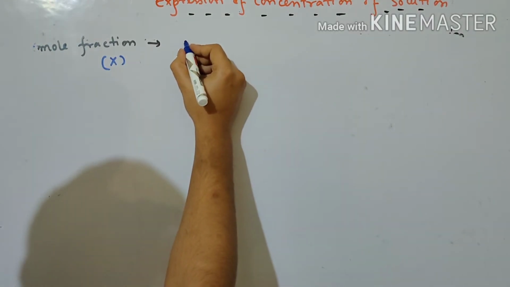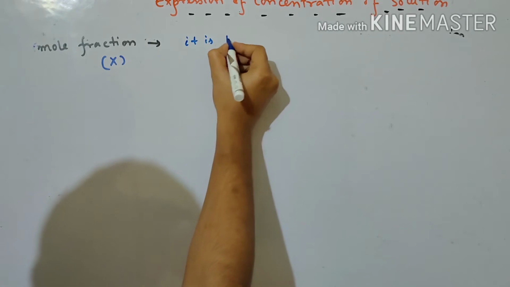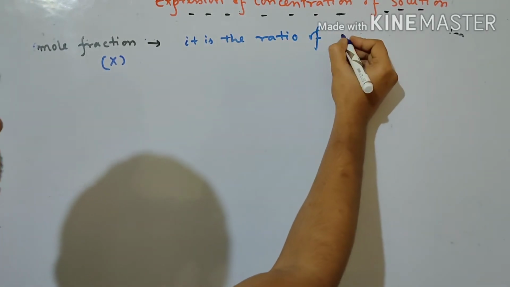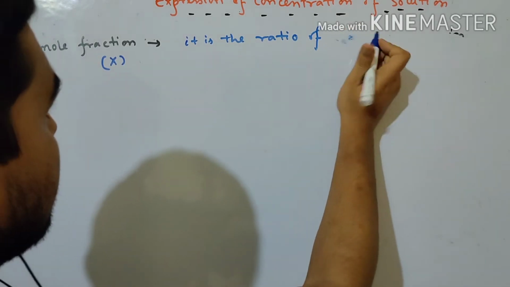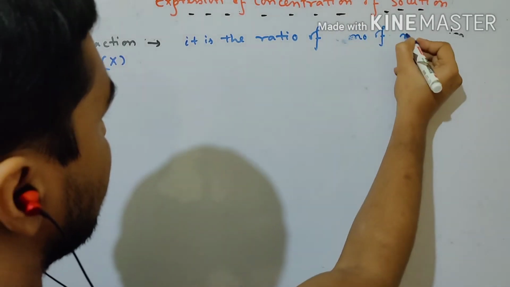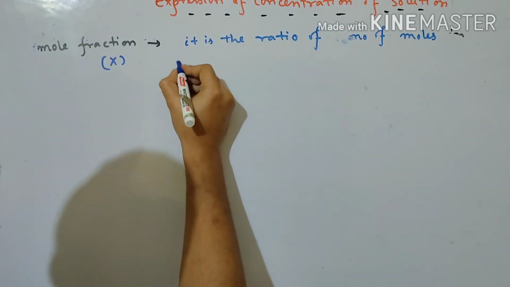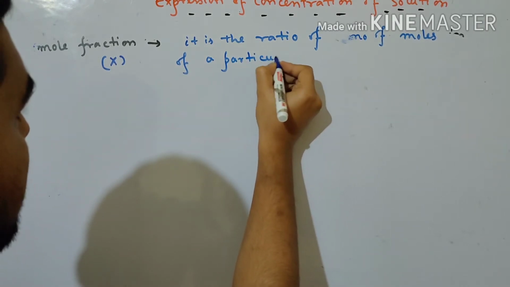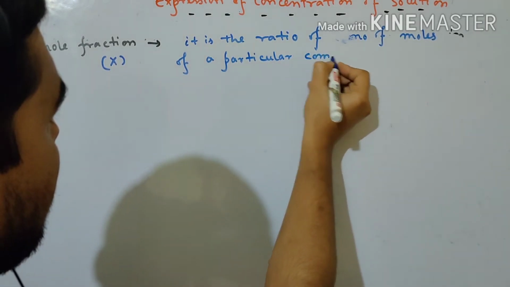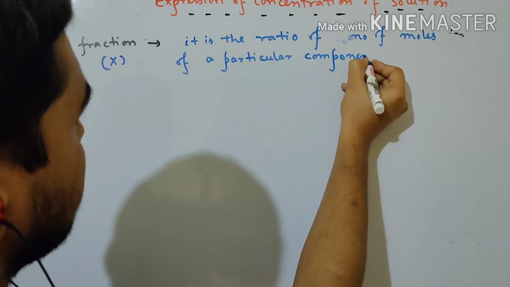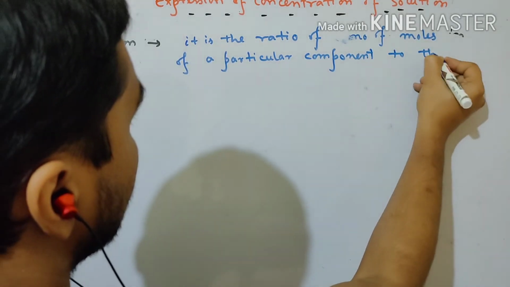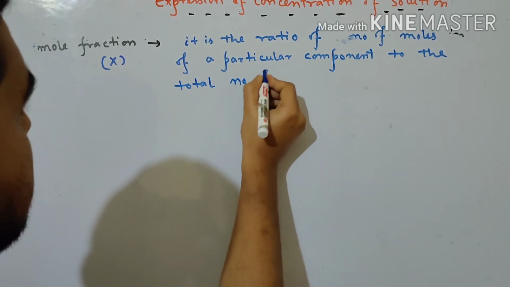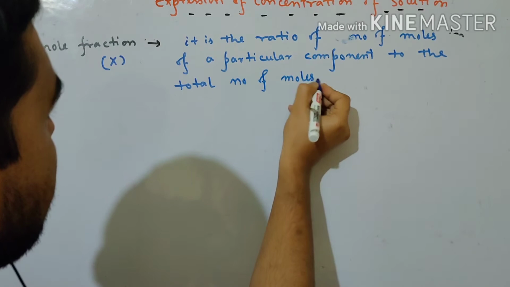So let us write down the definition first. It is the ratio of number of moles of a particular component to the total number of moles.